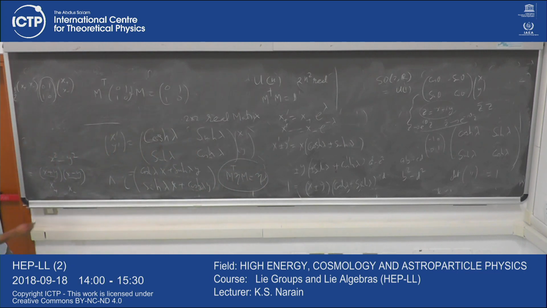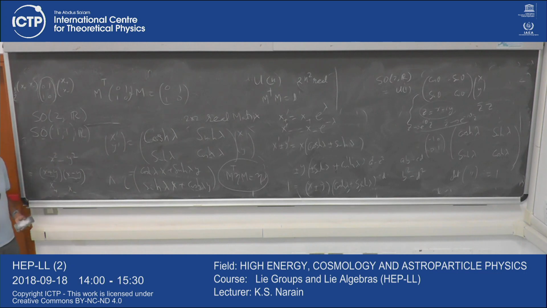In this case, this group is called SO(1,1)R. This 1,1 means that one of the metric components comes with a plus sign, the other comes with a minus sign, as opposed to the previous case SO2R, where both directions came with a positive metric.